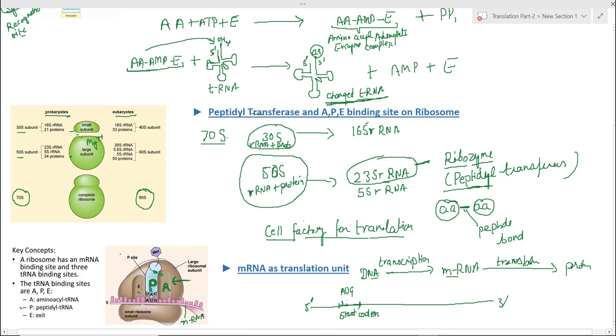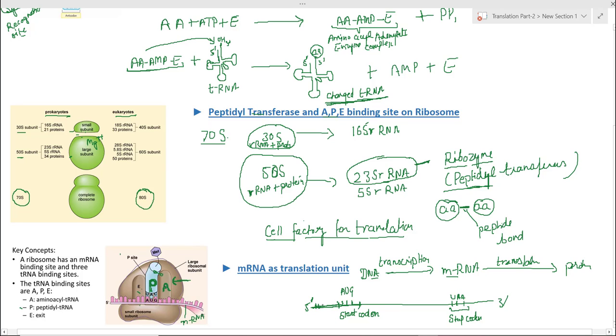This is the start codon AUG, and it has a stop codon for the termination also, and that will be UAA. This is the stop codon present on mRNA. So the mRNA translation unit has the start codon and the stop codon.